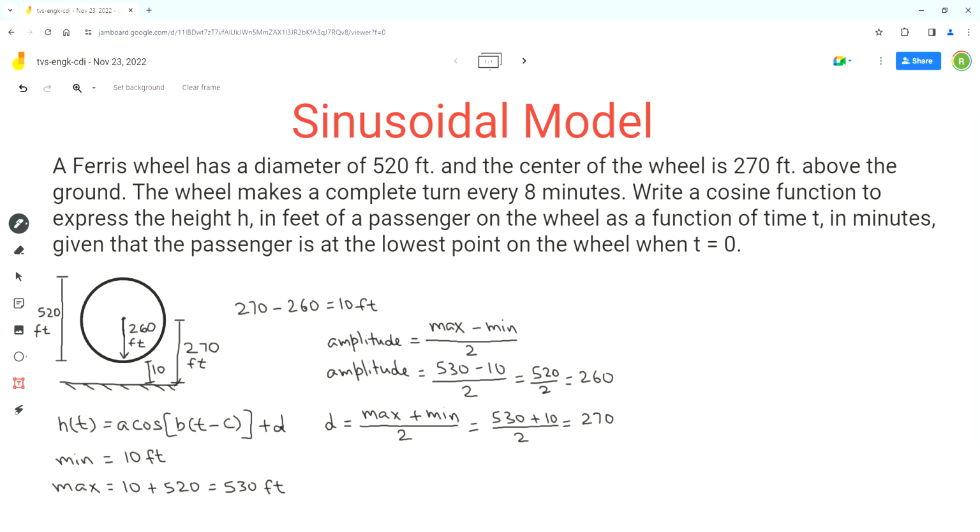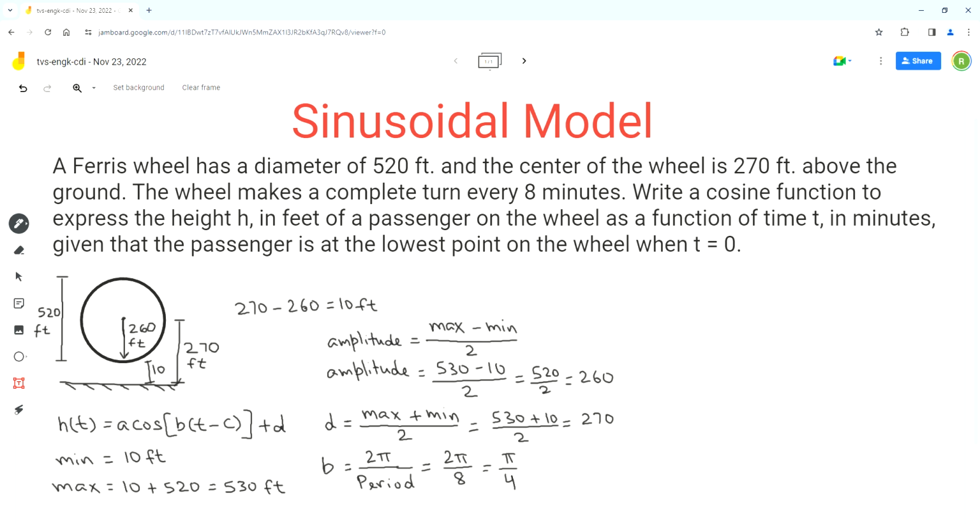Now we can calculate the b value, which can be calculated using the formula b equals 2 pi over the period of the motion of the wheel. So in this situation, period represents the time it takes for the wheel to complete one full rotation, and that's given as 8 minutes. Now since the unit of t should be in minutes, we'll use 8 as the period, which can be reduced now to pi over 4.